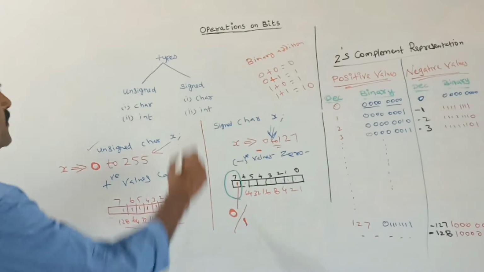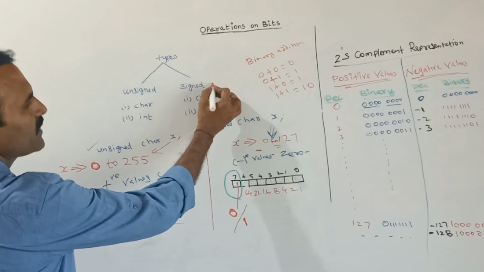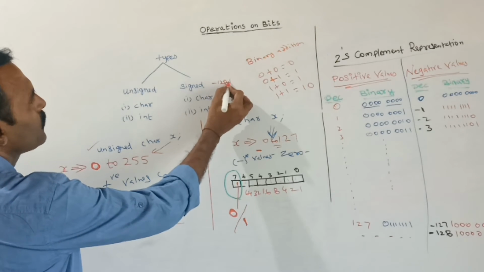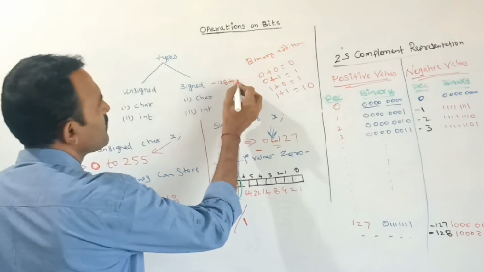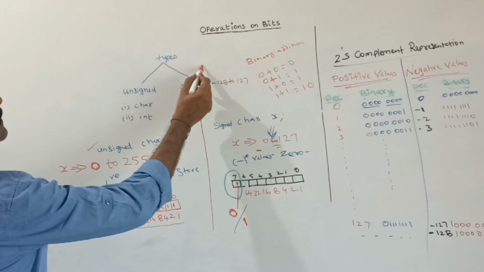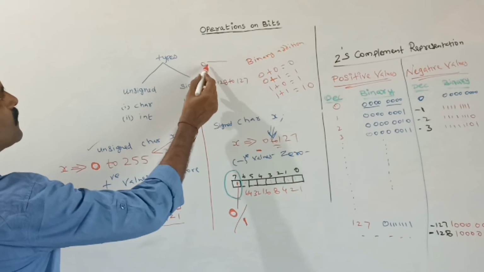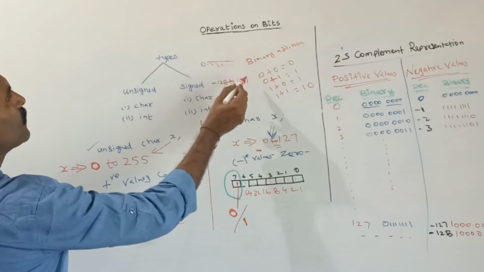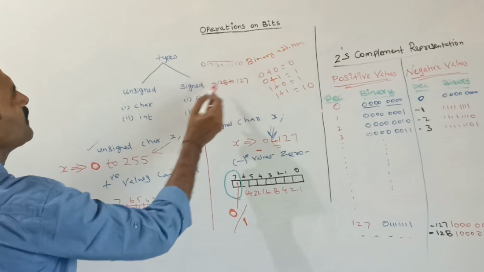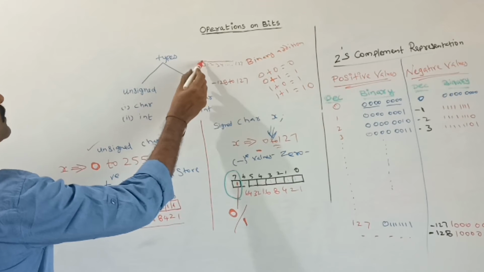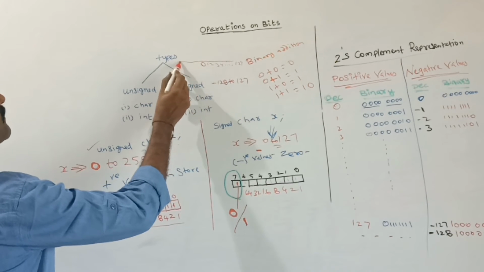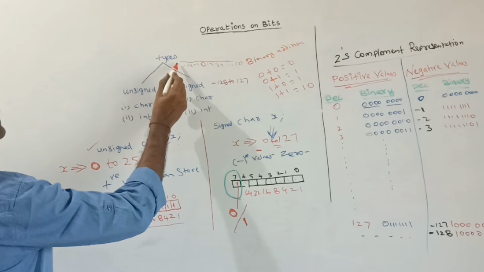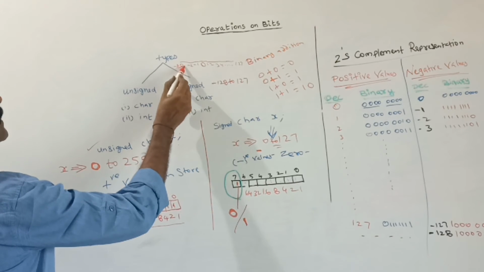So here for the signed bit range, we can store the values from minus 128 to 127. 1, 2, 3, and all positive values up to 127 from 0, and all negative values, minus 1, minus 2, etc. up to minus 128.